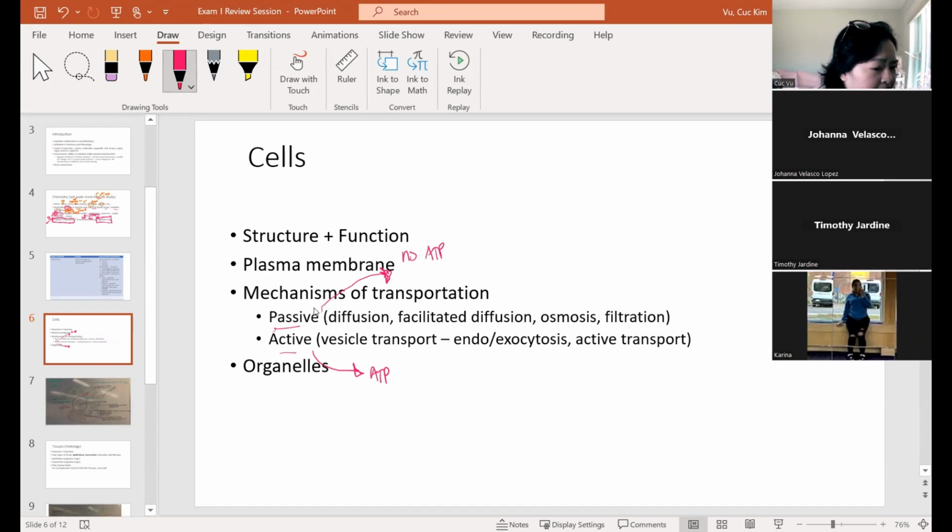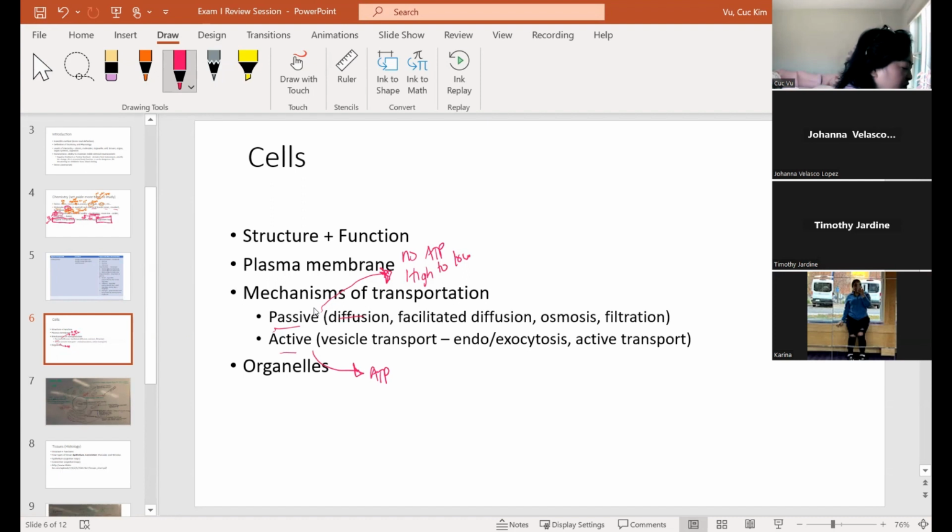Is it that passive goes from high to low concentration and that active can sometimes go from low concentration to high concentration? Yeah, you got it. Excellent. That's it. It's about concentration gradients. So passive is always going from high to low.